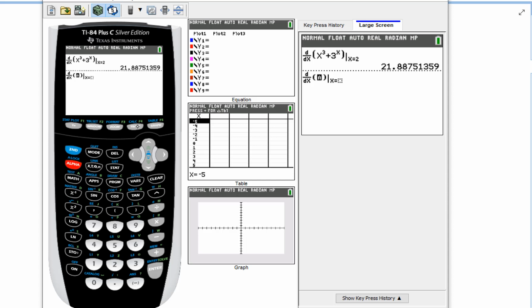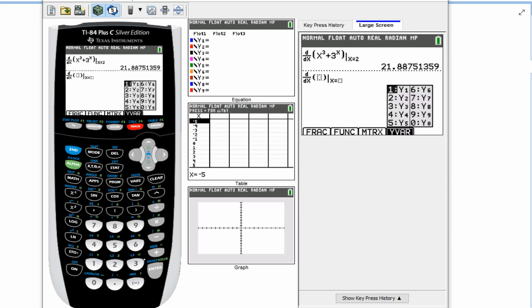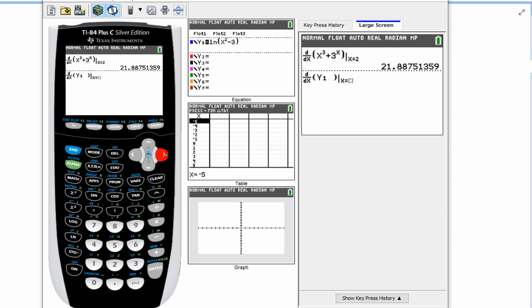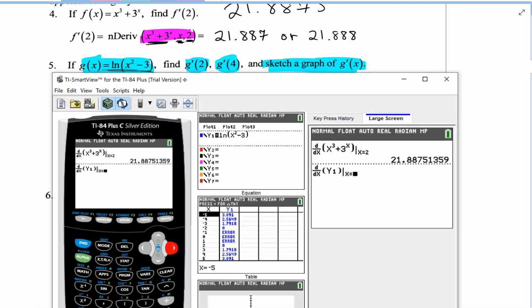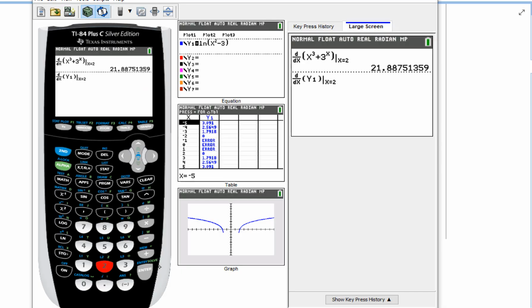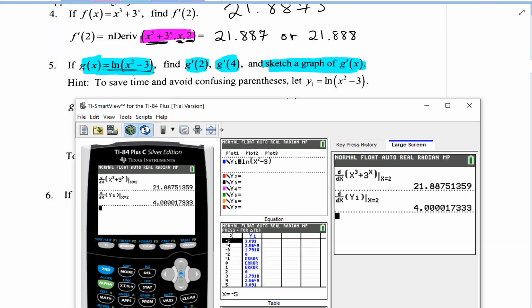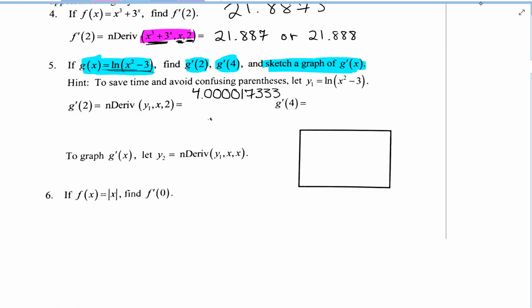So you go alpha trace to refer back to y1, and we want to know first of all when x is 2, enter. All right, the derivative at 2 seems to be something pretty close to 4.